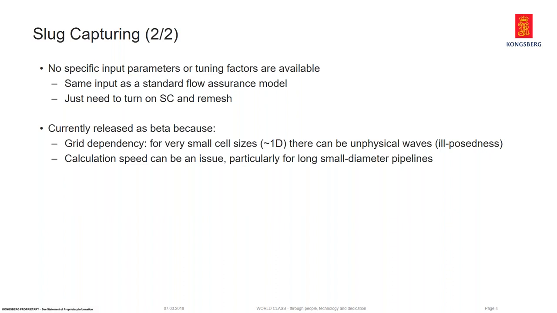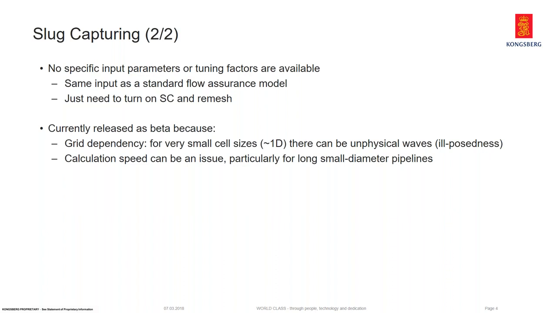And that is related to the ill-posedness, as it's called in literature. Those are basically numerical artifacts that you get because of the way we treat the pressure in the Navier-Stokes equation. So that is something to be aware of, but it should be noted that typically you don't need these very small cell sizes to do your calculations anyway, so there's not that big a problem.